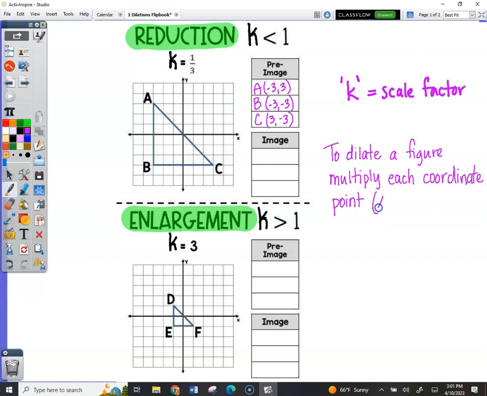And when I say that, I mean X and Y by K, and K is your what again? Scale factor. The scale factor. You're going to multiply X and Y by the scale factor, and that's how you dilate. Okay? Write that down.